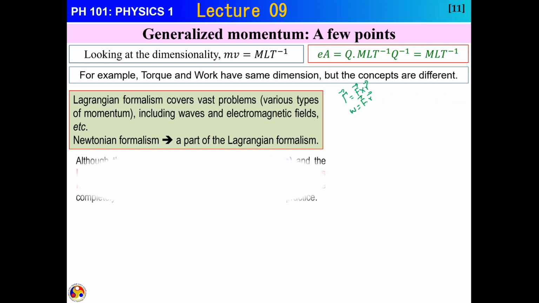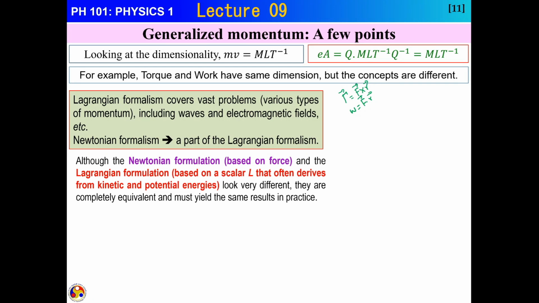And we already know that Newtonian formulation is mostly based on force, whereas the Lagrangian formulation gives a situation where you have an energy format with a scalar nature. Although they look at it in different ways, they should give completely equivalent results for a given problem.